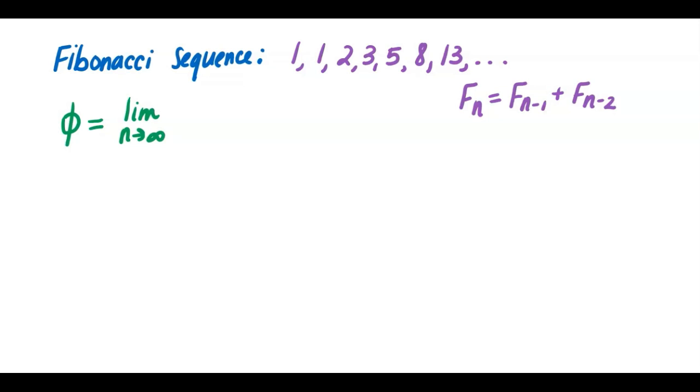If I take the ratio of a number in the Fibonacci sequence and divide it by the number that came prior to it, this will be the number phi. Today in this video, we are going to calculate what the actual number is. And like I said, this also happens to be the golden ratio.